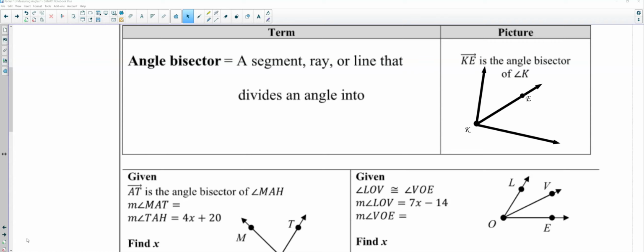Well, an angle bisector is a segment, ray, or line that divides an angle into two congruent angles. Let's write that down: into two congruent angles.